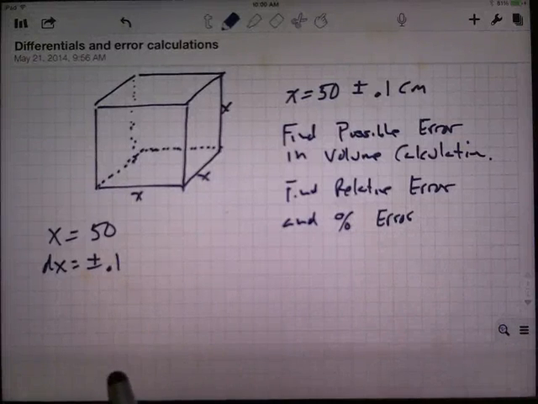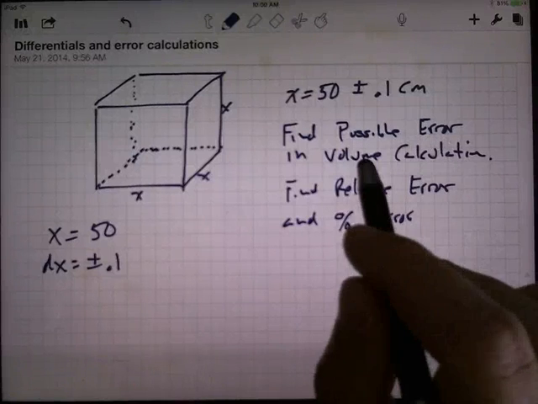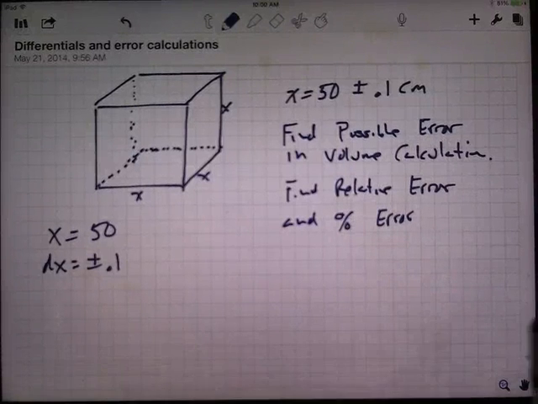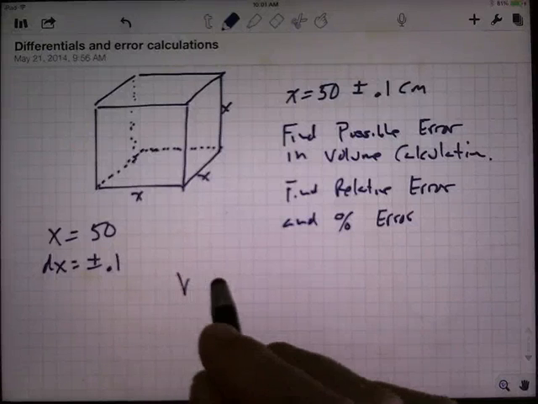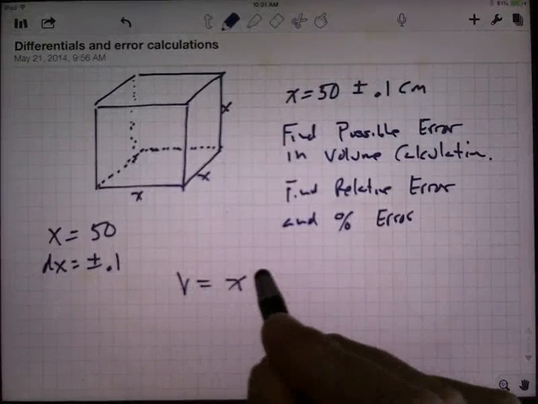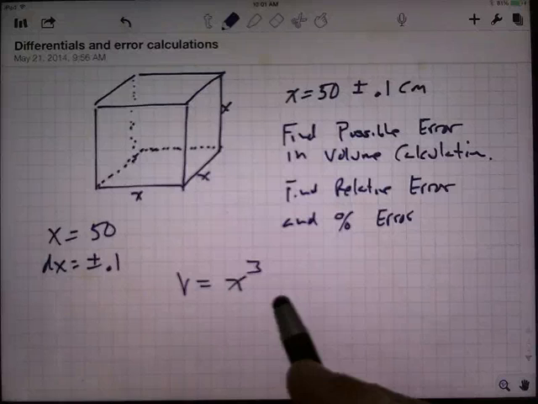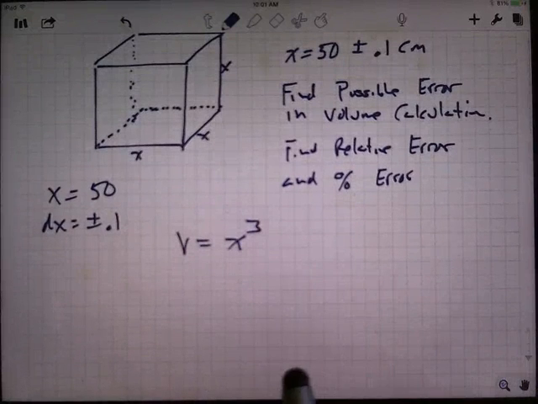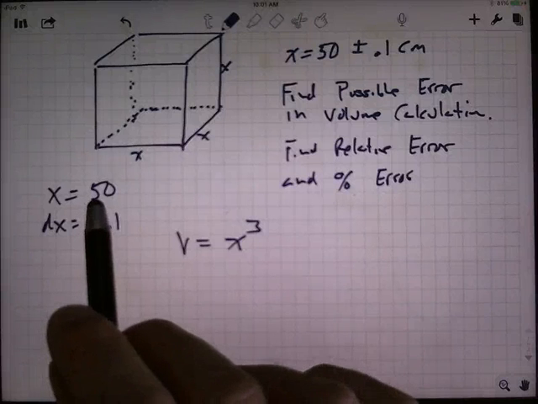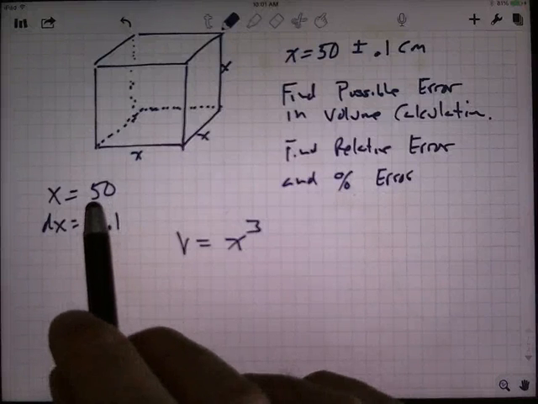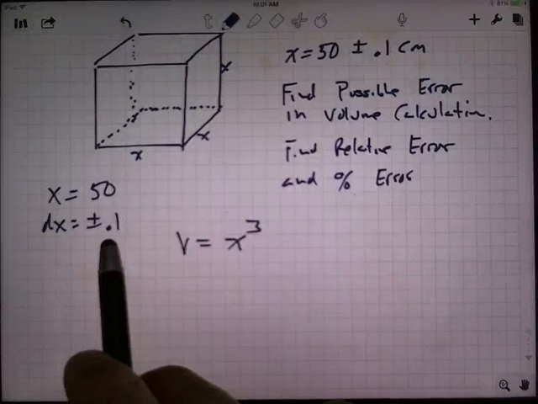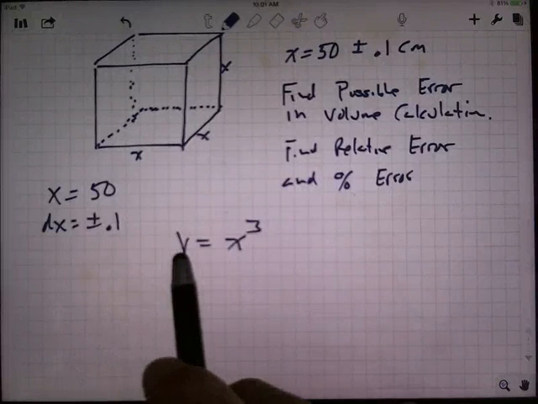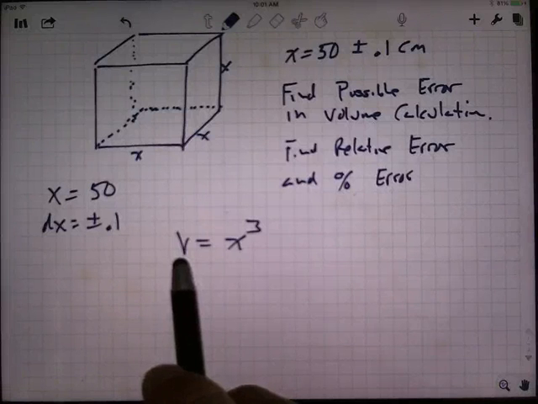So, possible error in the volume calculation. To calculate the volume of this cube, I would just take my edge length and cube it. The volume is the edge length cubed. I may change that input by a little bit. Maybe it's not 50, maybe it's 50.1. So if I change the x value by a little bit, how is the volume going to change?